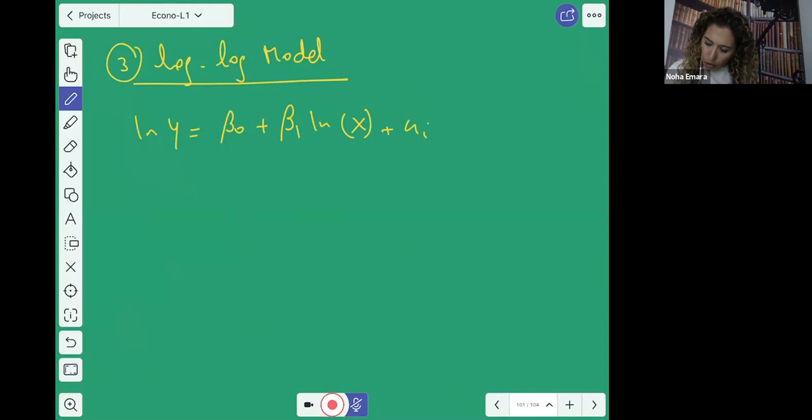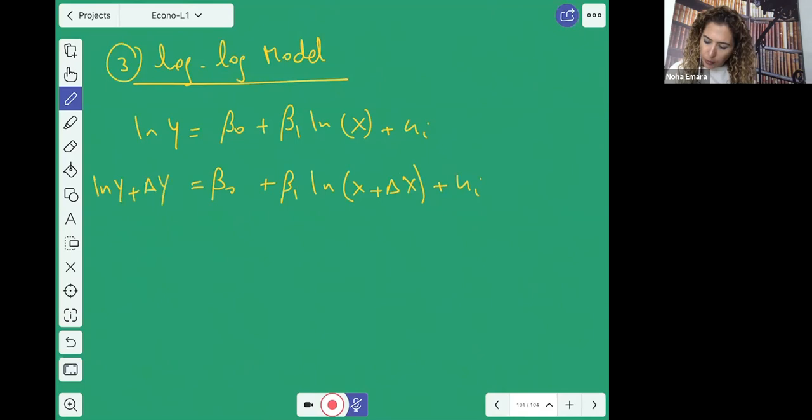So any change in x would be reflected in a change in y. Okay, now this is again A, this is again B. Then I want to know what is the change in y.